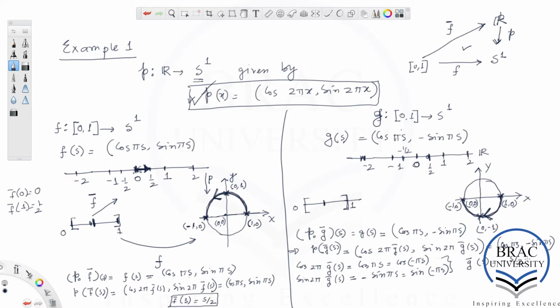So it means that the lift g bar is a map from 0 comma 1 to the real line, which begins at 0, because g bar of 0 is 0 and g bar of 1 is negative 1/2 here. So this is the path in the real line we are looking at.